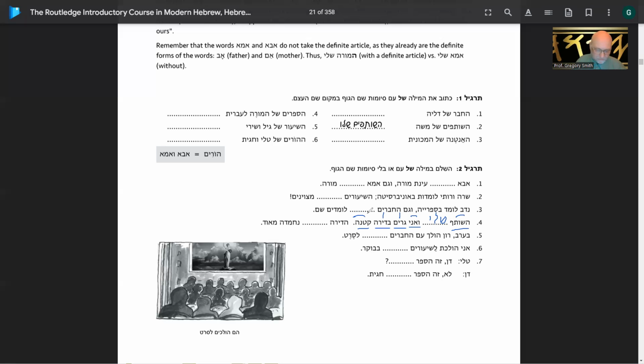Yeah, a small apartment. בדירה קטנה. Badira Katana. Okay, so there's going to be Shelli here. So it's like Hashotaf, the partner, my partner, Shelli, belonging to me.